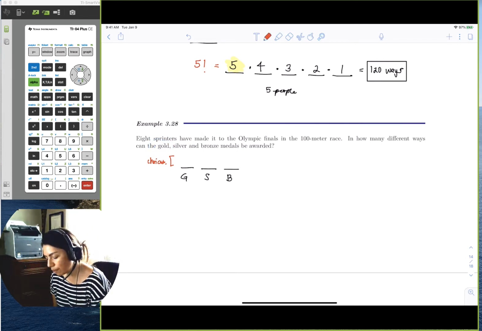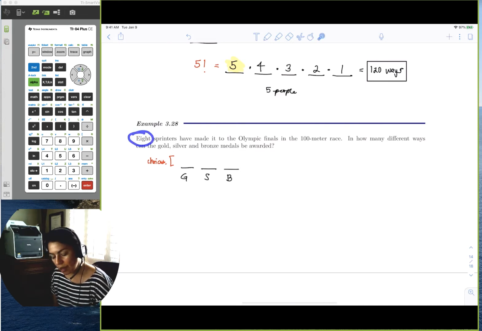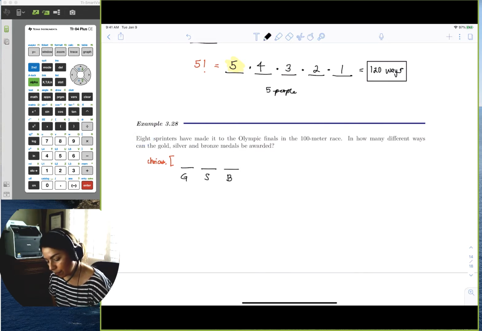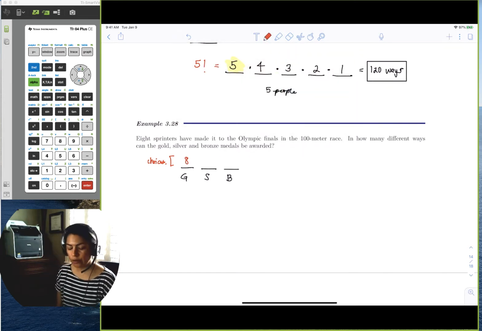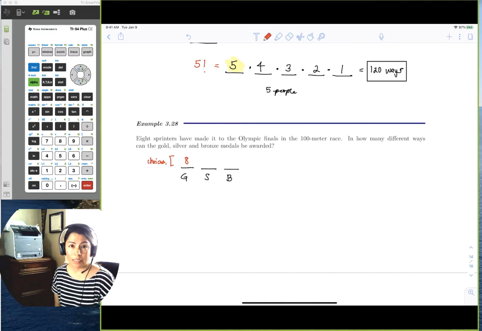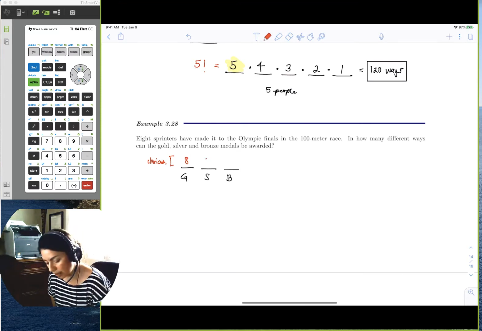How many people in the beginning of the race do we have to win the gold? Well, if we have 8 runners, that means we have 8 people for that gold. But that person now has the gold. How many people are left to get the silver? Right, 7. And how many left to get the bronze? 6.